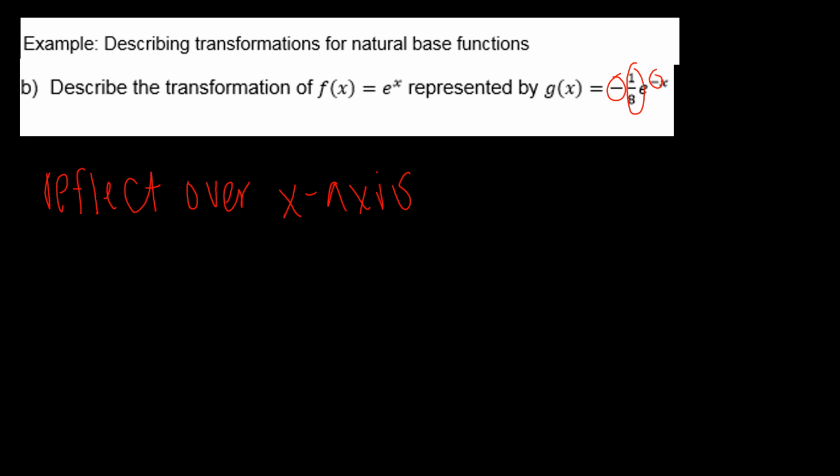Okay, now the next thing we have is a 1/8 in the front. So that's being multiplied. So that is your stretch or shrink. So on the outside, we know is vertical. And vertical just is what it is, right? Vertical does not lie. So vertical, 1/8 would be a shrink by 1/8.